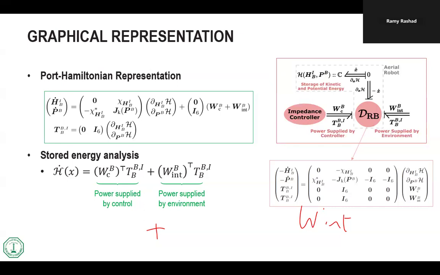So starting from this point, what is the main goal we need to achieve to make sure that we have a system that can interact with the environment in a stable manner? You design it such that it is passive. Call it whatever you want, call it an impedance controller, whatever. I need to design a controller for interaction, so I need to make sure it is passive.